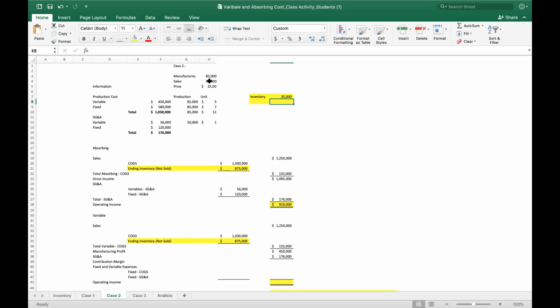Now, what is the value of that inventory in absorbing costing? Well, the variable, the fixed part of the inventory, that is... anyway, it doesn't matter. Just keep with the exercise and you will get what I was talking about when you get the difference. But check the thing that you are doing with the inventory on the absorbing costs. Okay. All right. So where did you get the 1,030,000?